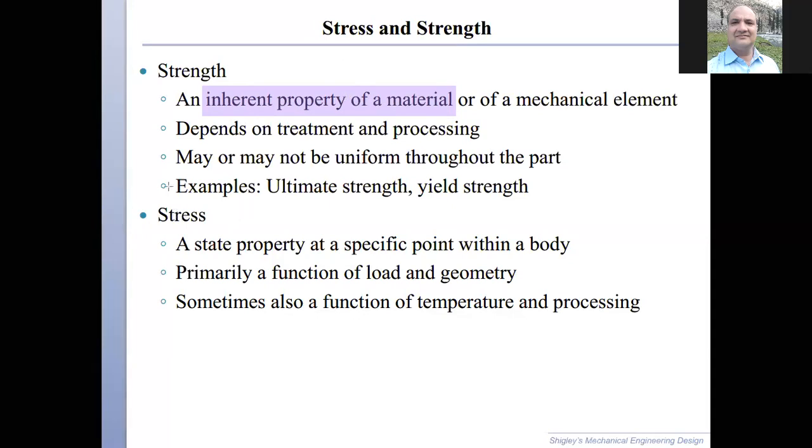Stress, otherwise, is a state property at a specific point within a body, and primarily it is a function of load and geometry.